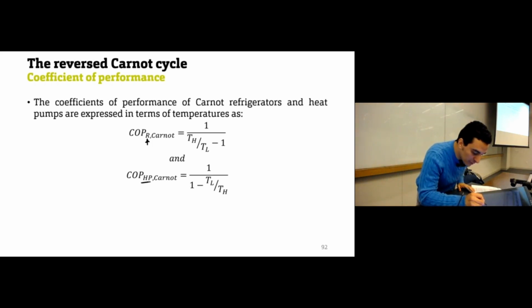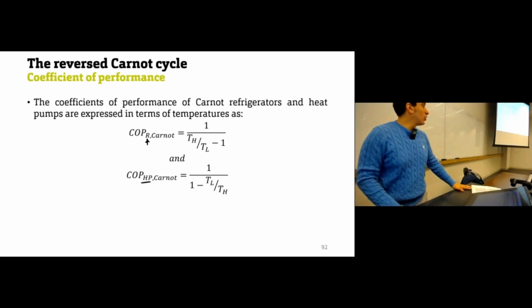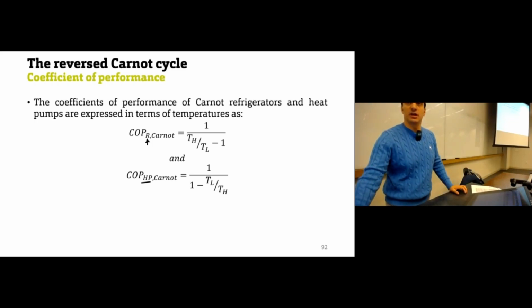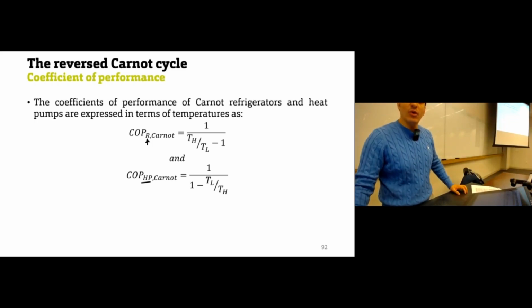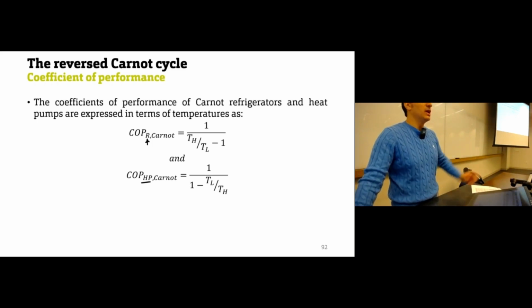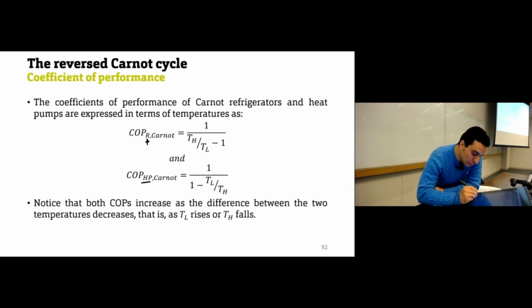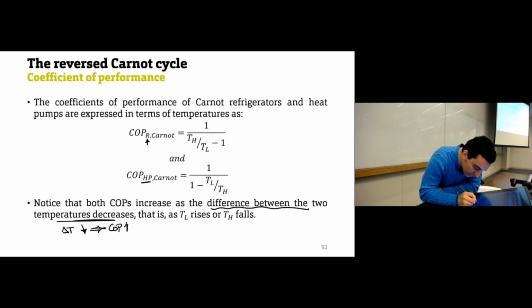If you have a Carnot cycle that operates as a heat pump, the coefficient of performance is 1 over (1 minus TL over TH). And how can I increase the coefficient of performance of a Carnot cycle, either refrigerator or heat pump? Basically, you can increase it if the difference between the temperatures decreases. So if the temperature difference decreases, then the coefficient of performance will increase.